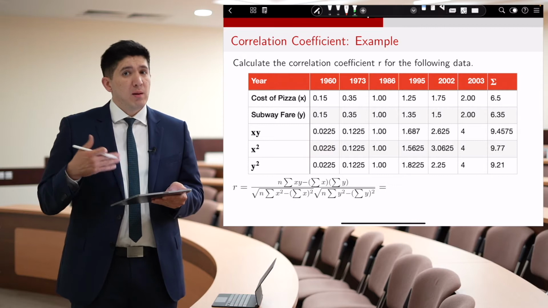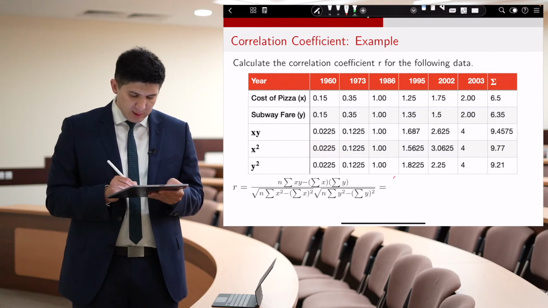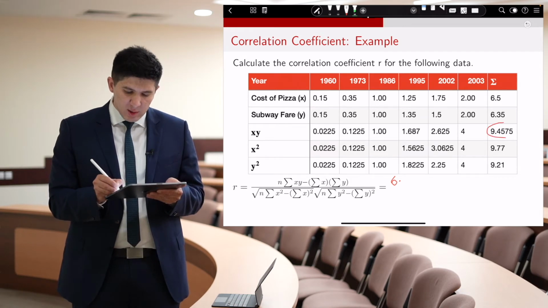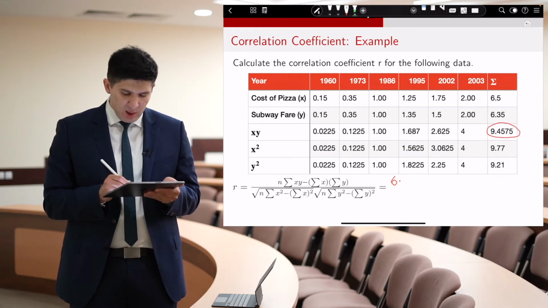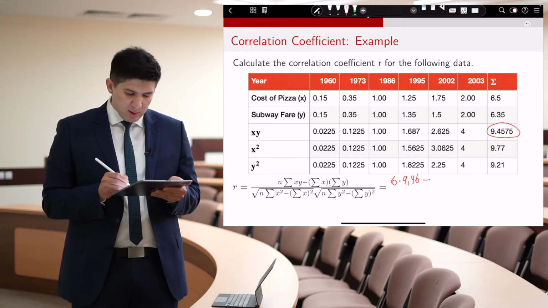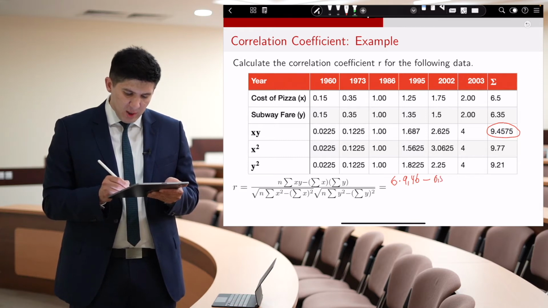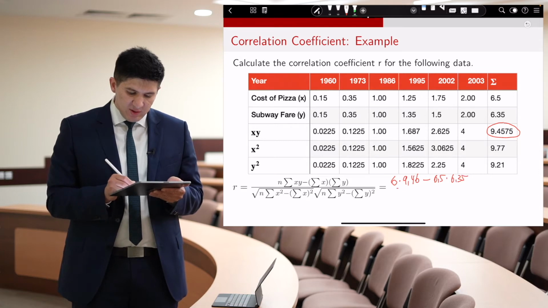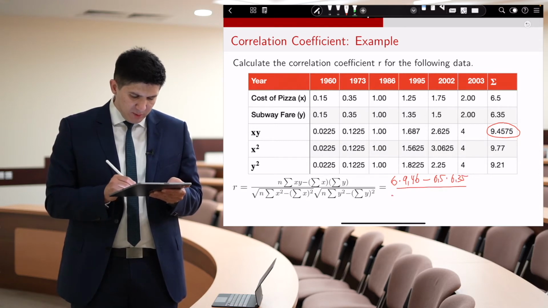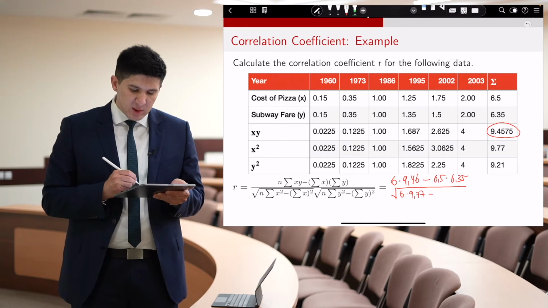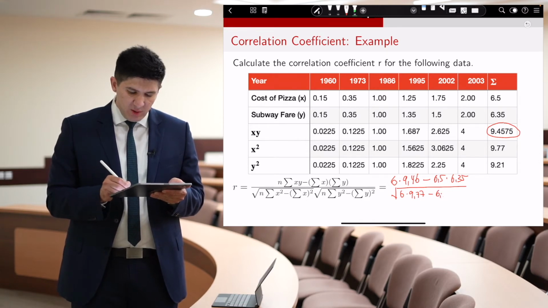So n is the number of the points, which is equal to 6 in our case, multiplied by the sum of xy. The sum of xy is 9.46, I would say, minus the sum of the x, which is 6.5, times the sum of the y, which is 6.35, divided by the sophisticated formula: n, which is 6, times the sum of the x in the square, which is 9.77, minus the sum of the x, 6.5, in the square.